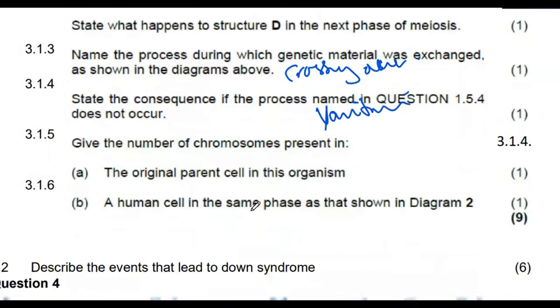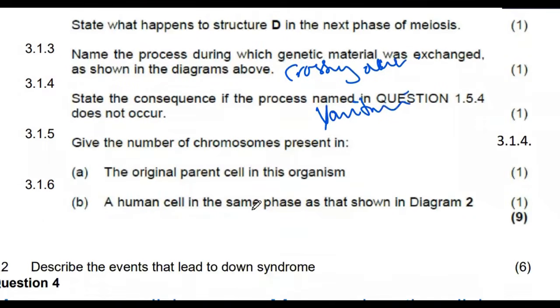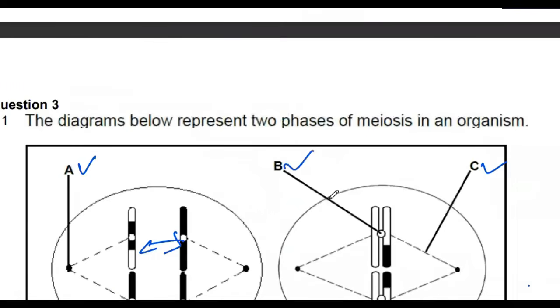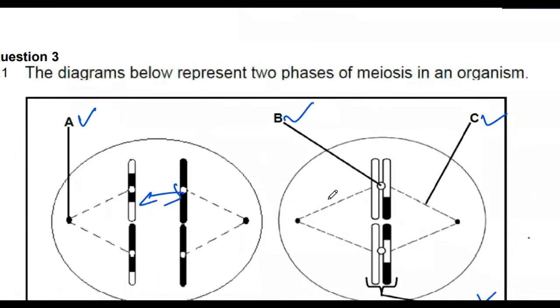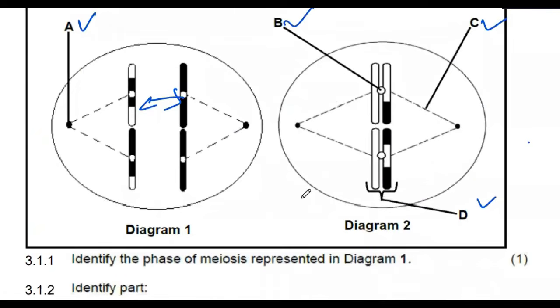Then they're saying, give the number of chromosomes present in the original parent cell in this diagram. They didn't say this is a human cell. I don't see anywhere saying this is a human cell. So you have to use the number which is being given. Because this is meiosis 2, and meiosis leads to the diploid state being halved.